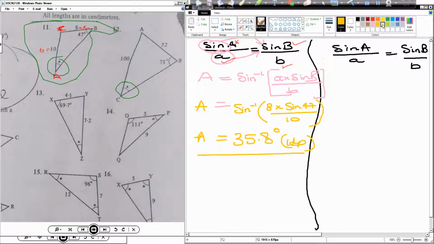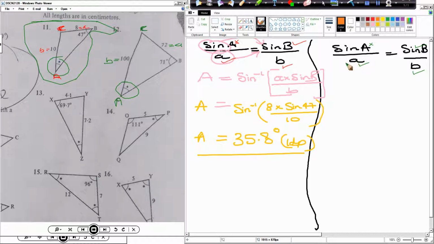I like that. Nice. Okay, here's the next question over here. We're going to relabel it. I'm going to call the angle that I'm trying to work out my big A. That has to be my little a. That's already big B, and that becomes little b. Right, let's have a look. We need to work out the big A, and we know the little a, the big B, and the little b.